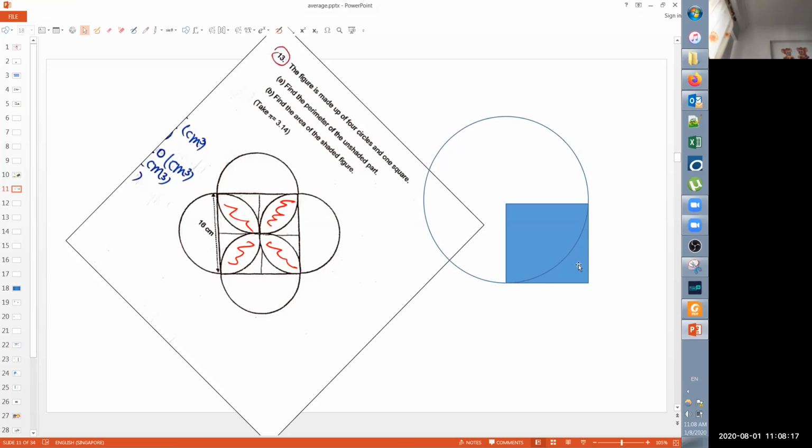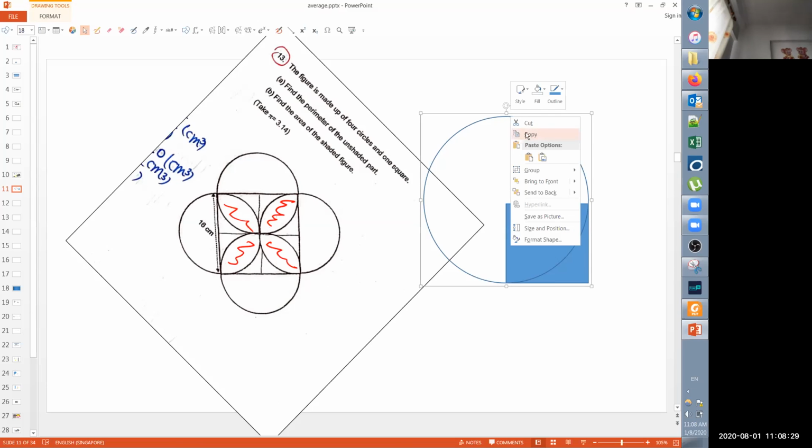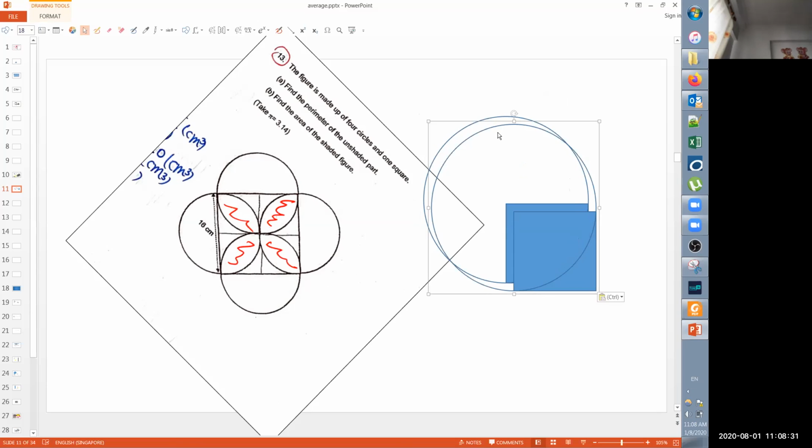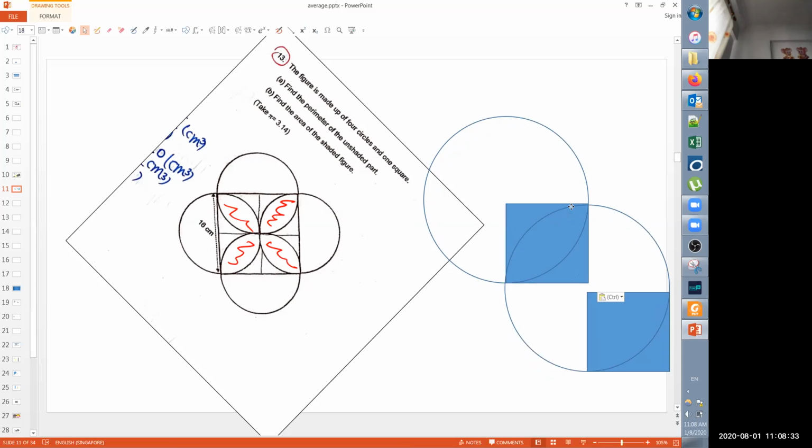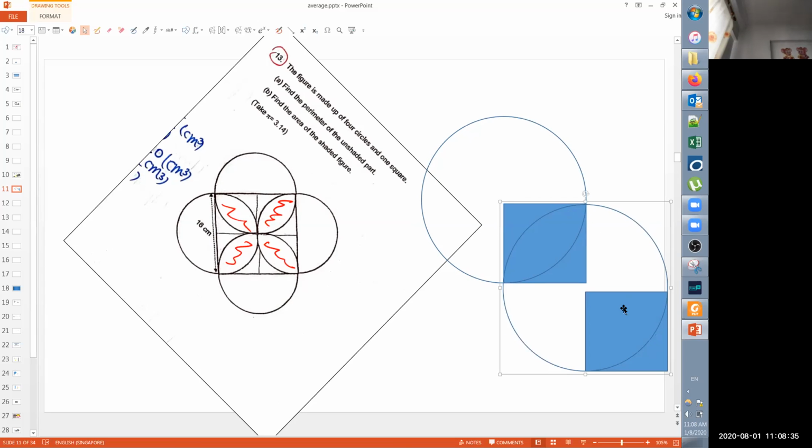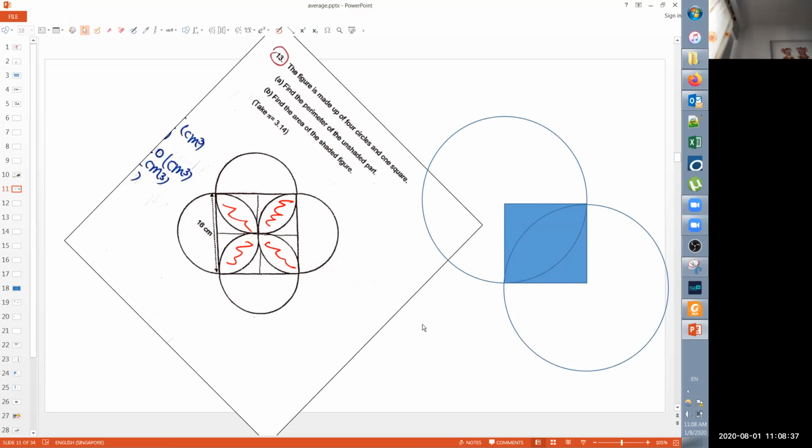Now you have these two things. Can you see the quadrant now? Okay, good. Now let me add another circle. Can you see?